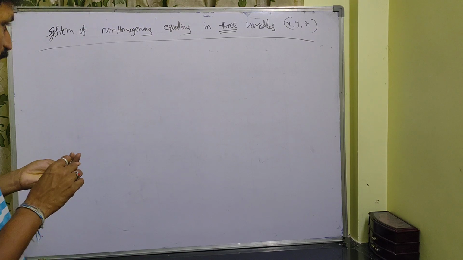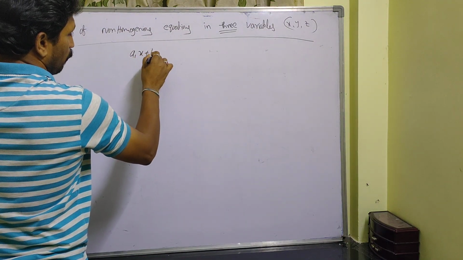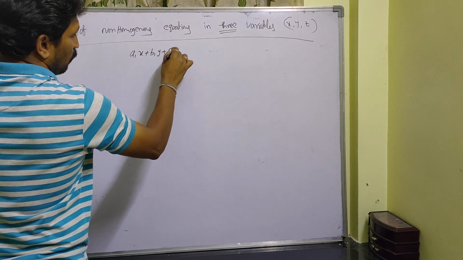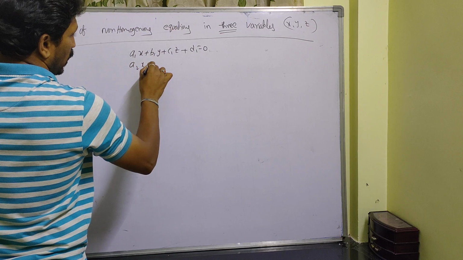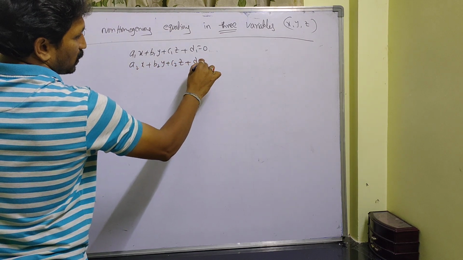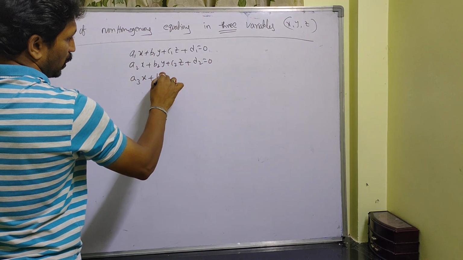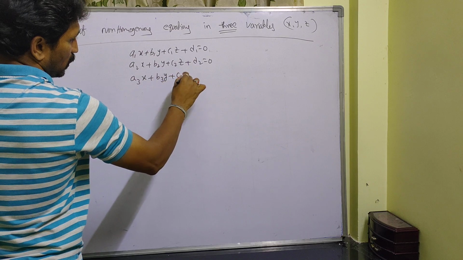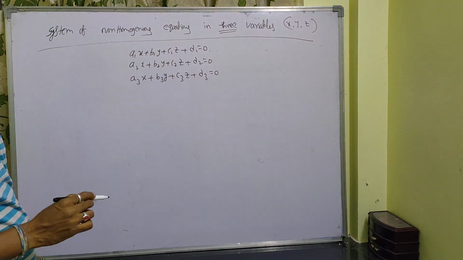The general form is a1x plus b1y plus c1z plus d1 is equal to 0, a2x plus b2y plus c2z plus d2 is equal to 0, a3x plus b3y plus c3z plus d3 is equal to 0.